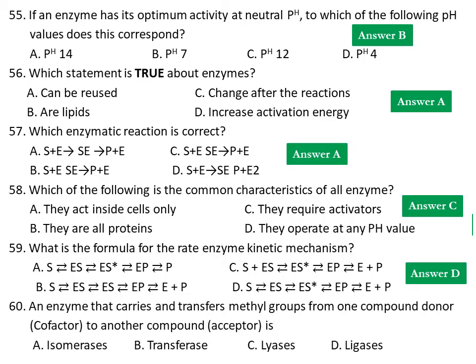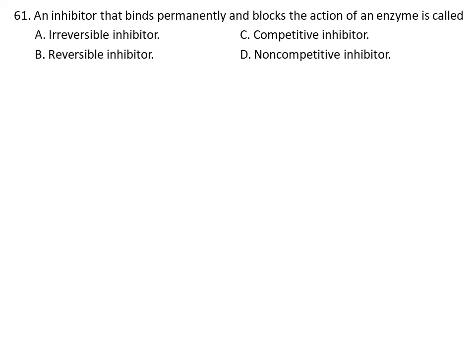Question number 60. An enzyme that carries and transfers a methyl group from one compound, the donor cofactor, to another compound, the acceptor, is A. Isomerases, B. Transferases, C. Lyases, D. Ligases. So the answer should be B. Transferases. Question number 61.